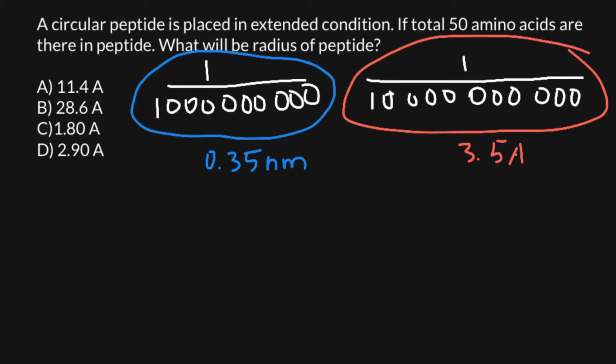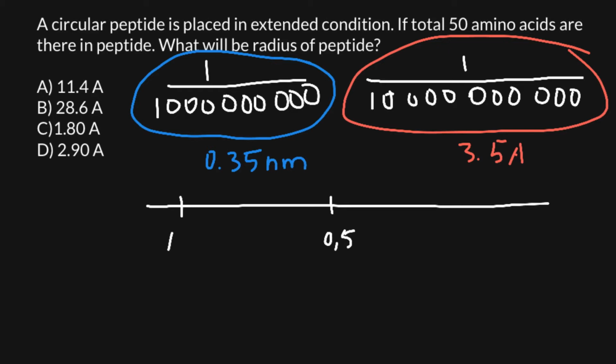Let's use just a meter for comparison. Imagine that this is a meter, and here we have say about 50 centimeters, and somewhere about here we would have 10 centimeters. So 0.5 meters and 10 centimeters. Here we calculate in centimeters, and this number looks bigger than this one, but we calculate in meters.